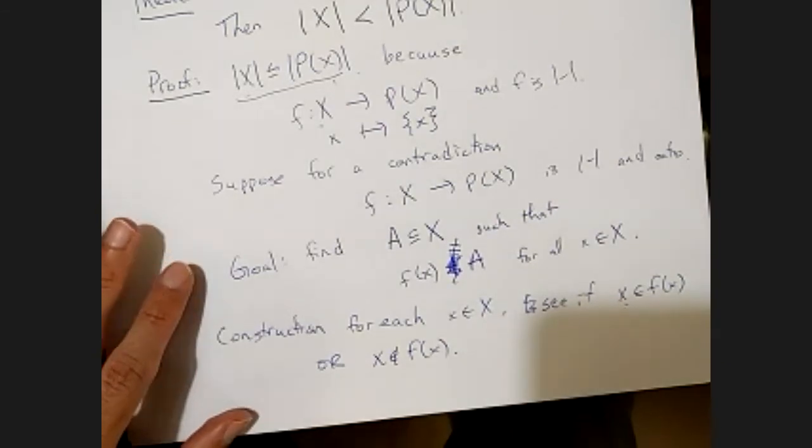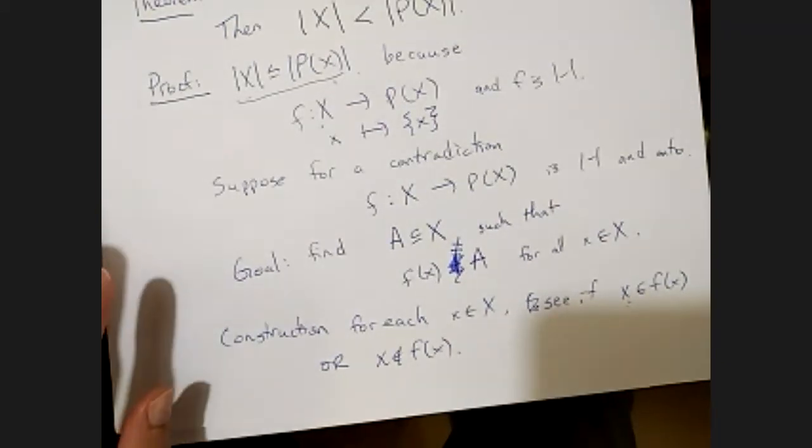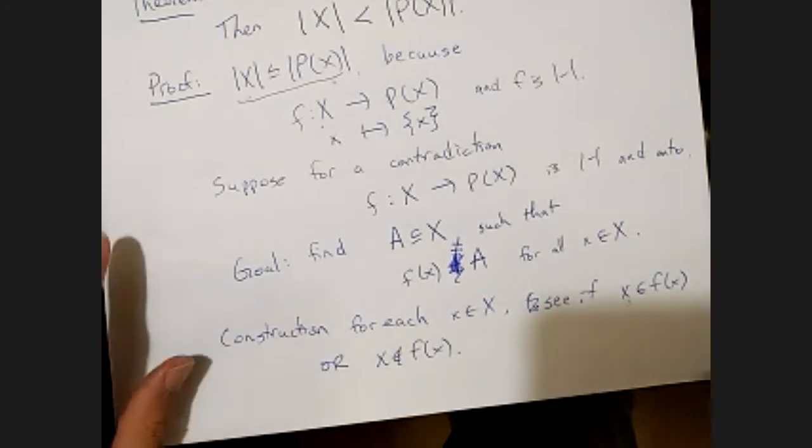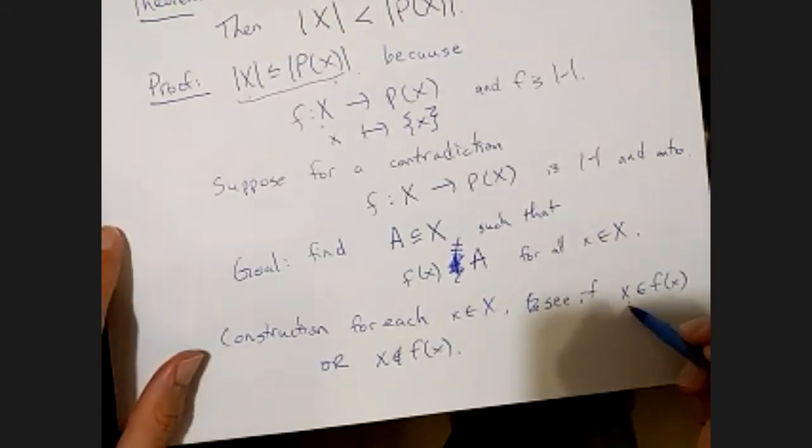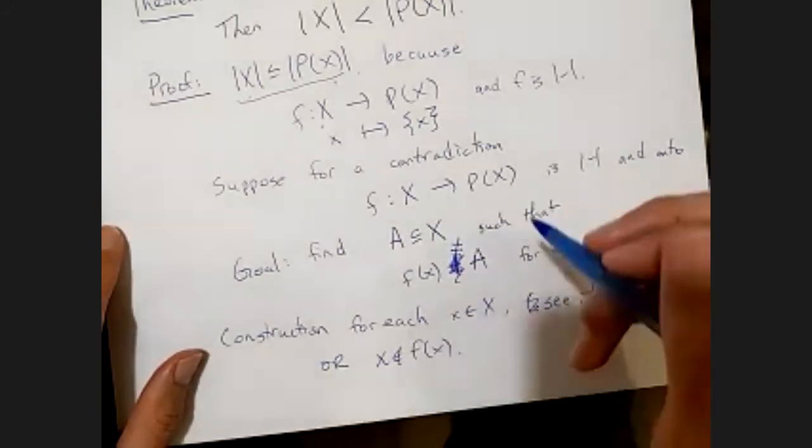This is almost the exact same thing that we did for the real numbers. If x is in f of x, then we don't put it in A. And if x is not in f of x, then we do put it in A.